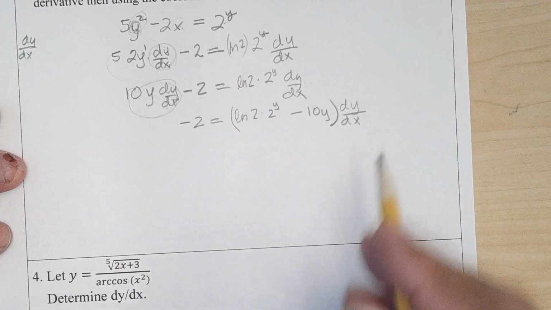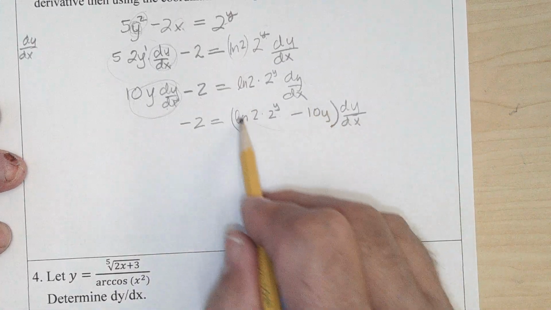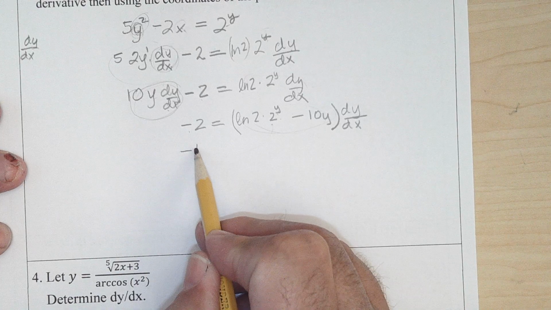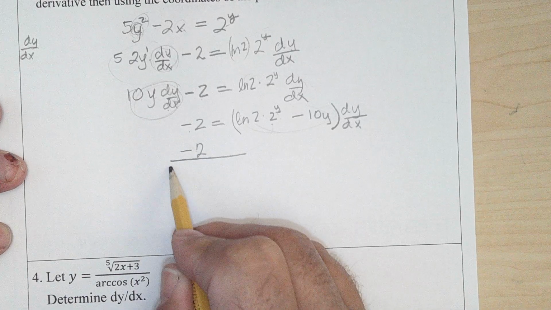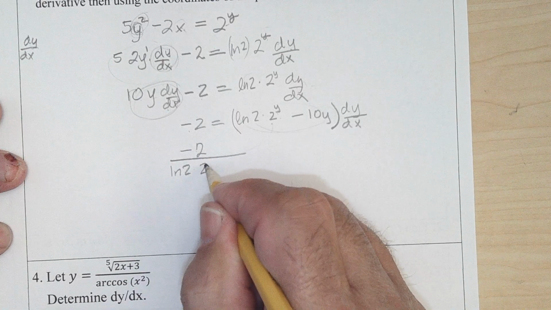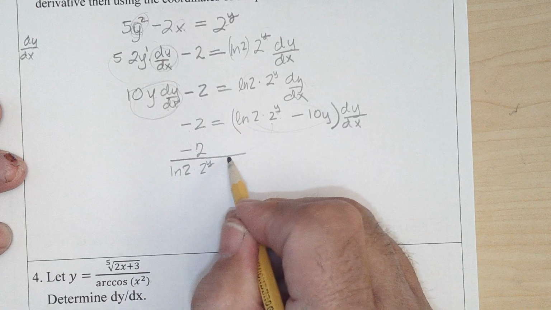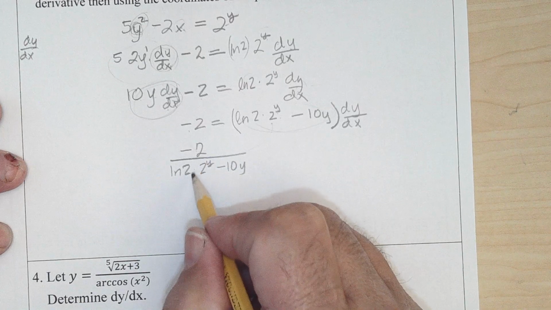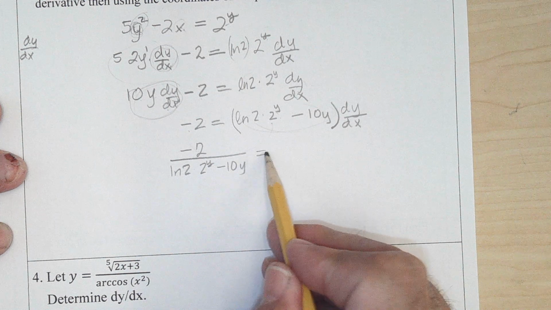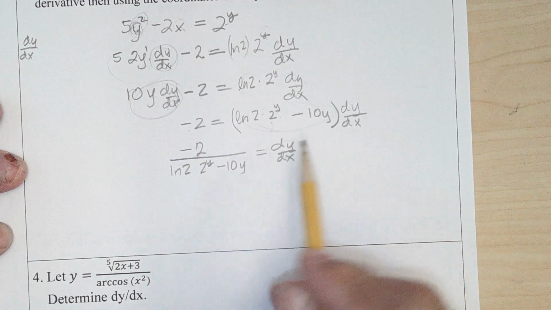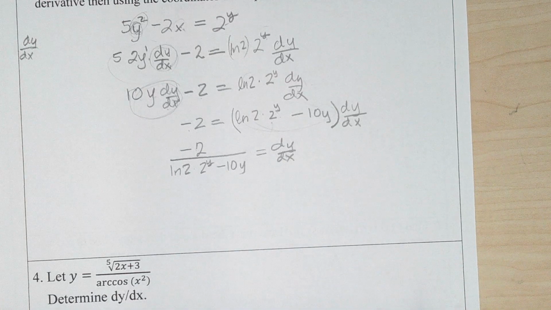And then I can solve for the slope by dividing this expression into this. And that's what the slope will be if I know the x and y coordinates. Dy dx.